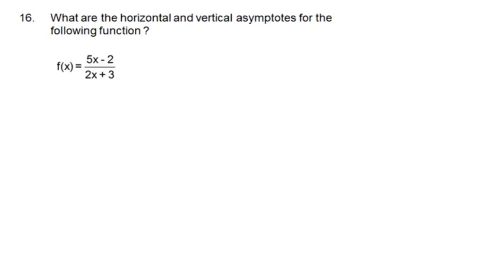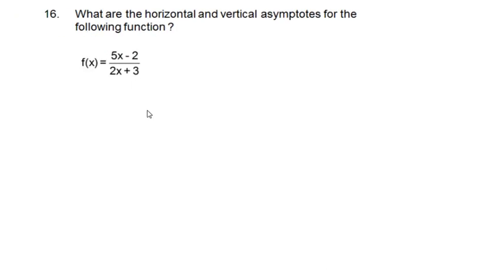Next, 16. What are the horizontal and vertical asymptotes for the following function? You can do this in different ways. You can go ahead and divide it out. You can graph this in the calculator, see what it looks like.